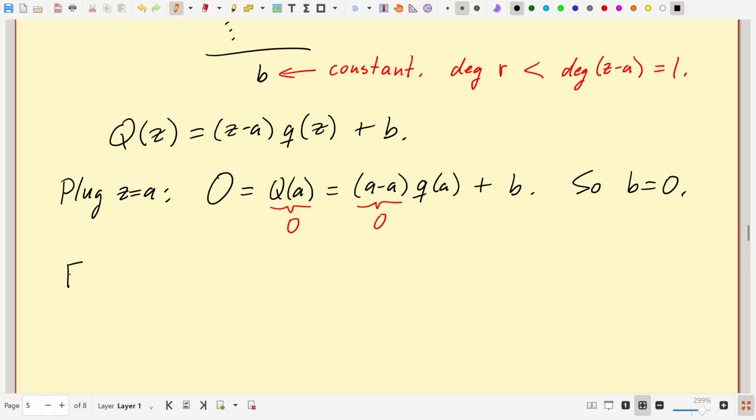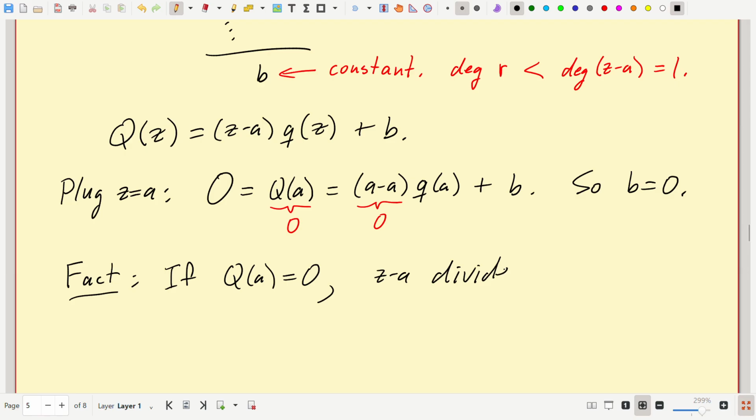So the fact: if Q of A equals 0, then Z minus A divides, that's the word for being a factor, divides Q of Z. So my fundamental theorem of algebra says it has a root, and so I can factor out 1. Then I get a polynomial Q of degree n minus 1.